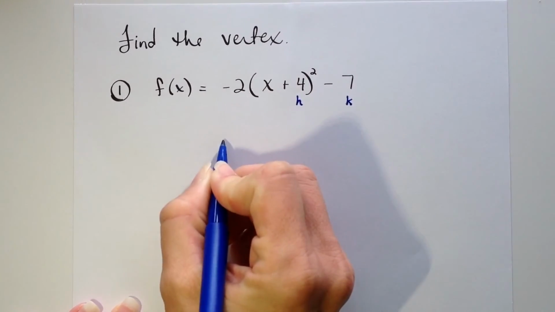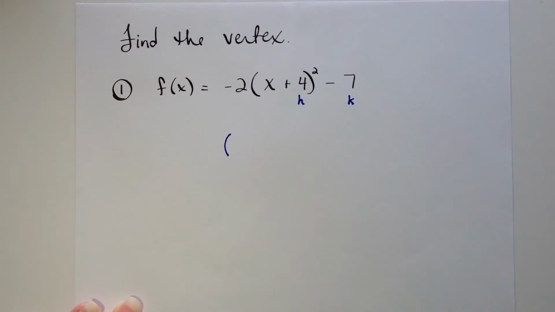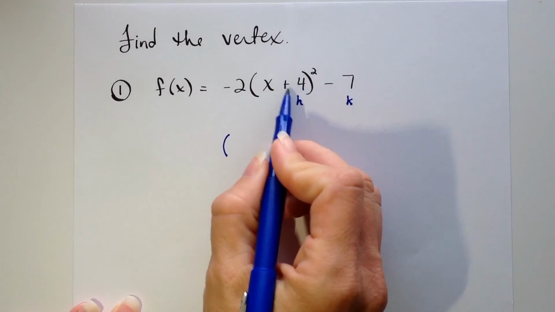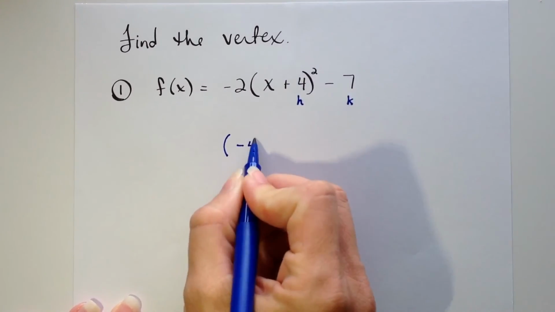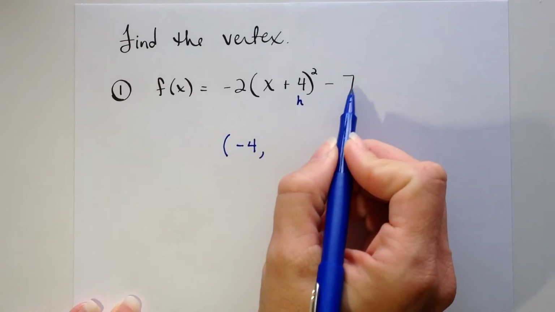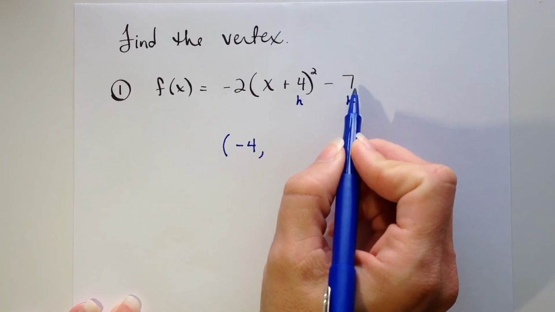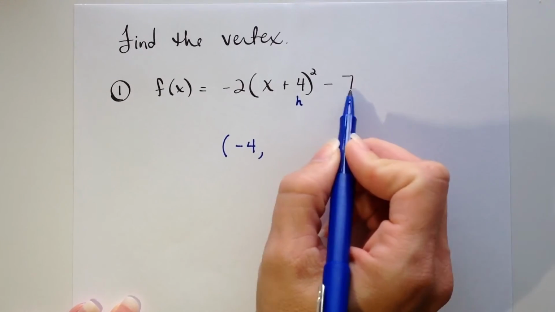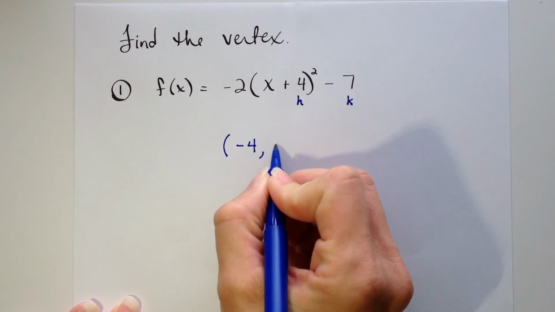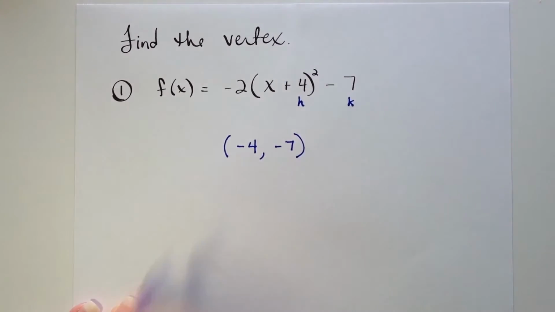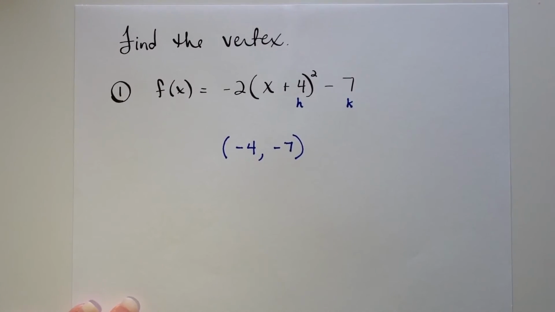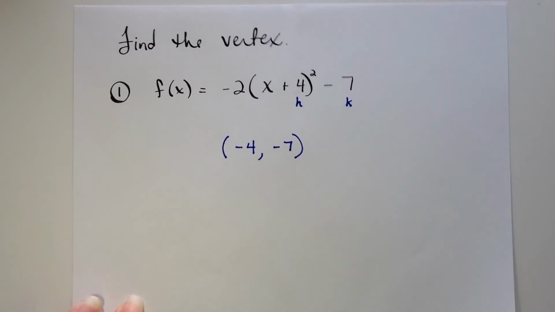This is where your K comes from. But you have to change the sign of H. So here I have a positive 4. Therefore here I would use a negative 4. And with your K, you identify it or use it just as it is. So the minus in front of the 7 would mean that you have a negative 7. So that's all there is to finding a vertex when it's in this particular form.